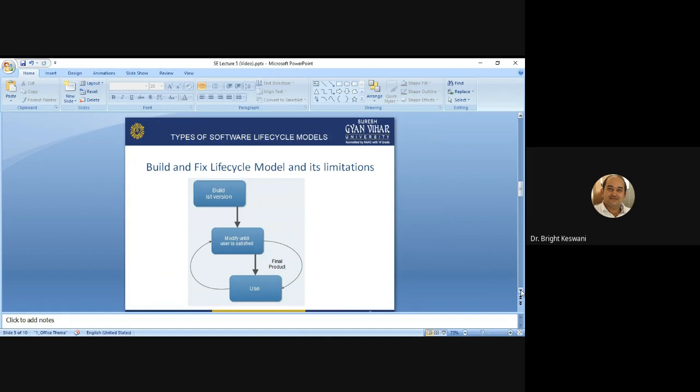You can see in this slide, this is the build and fix lifecycle model, which is also known as an ad hoc model, and this is the original and probably most widely used software lifecycle model, or you can say process model.